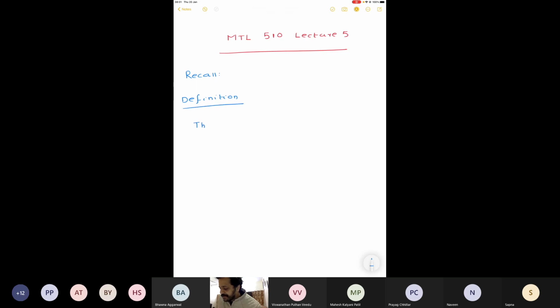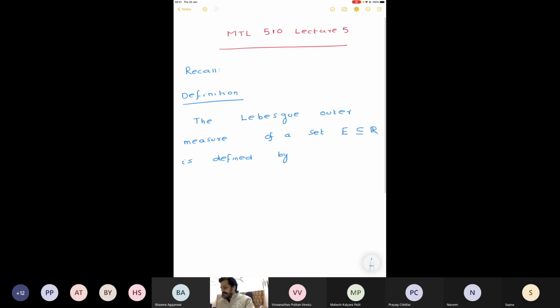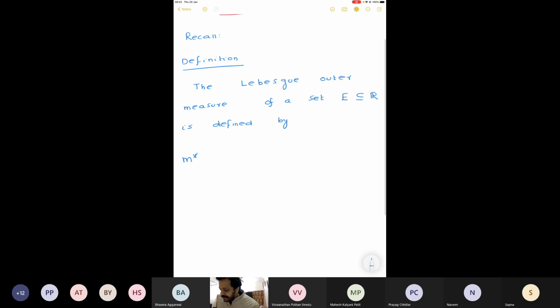The Lebesgue outer measure of a set E which sits inside R is defined by M star of E, that's the notation that we give, is equal to summation L of In, n varies from 1 to infinity.